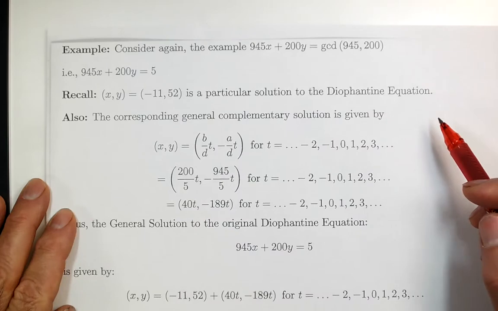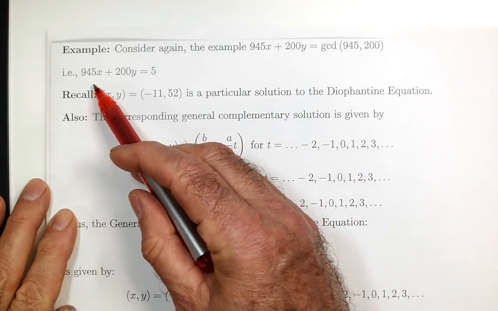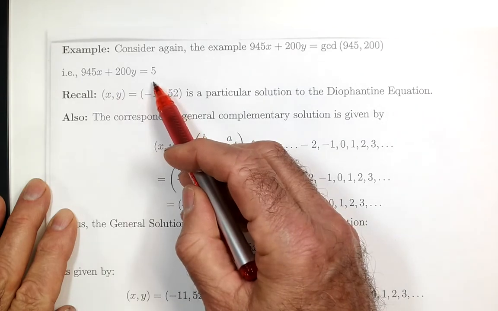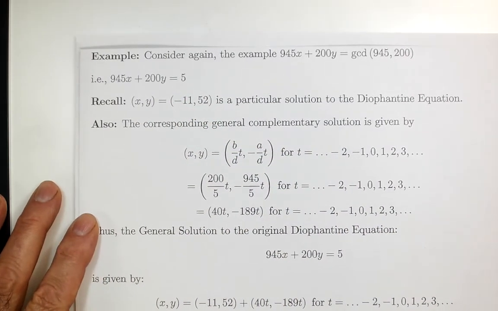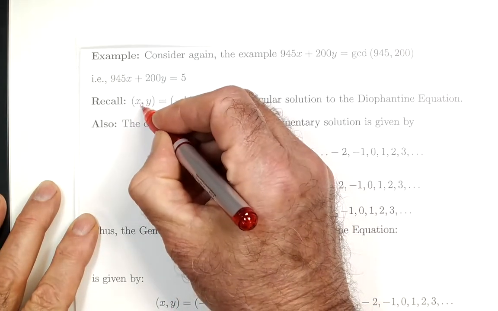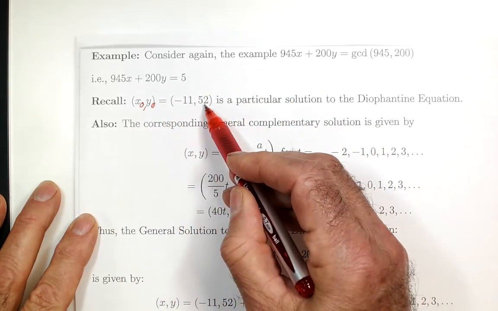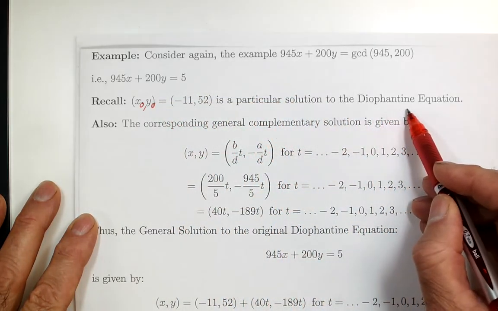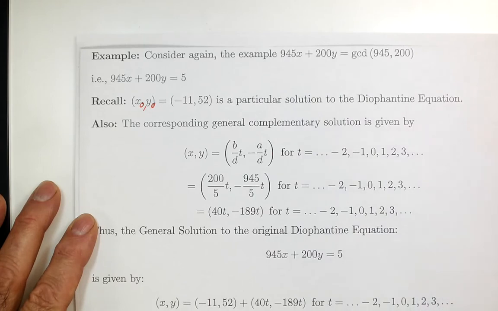So we're really finding the general solution for the equation 945x plus 200y equals 5. And remember from what we did earlier, (x naught, y naught) equals (negative 11, 52) is a particular solution to the Diophantine equation.